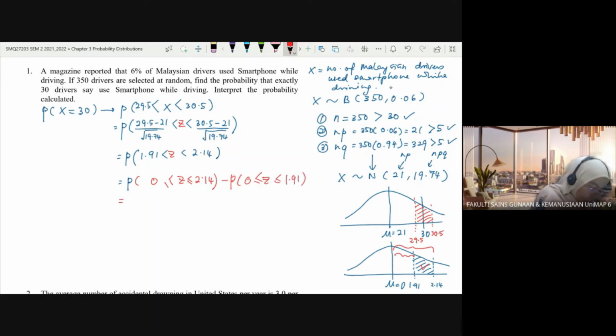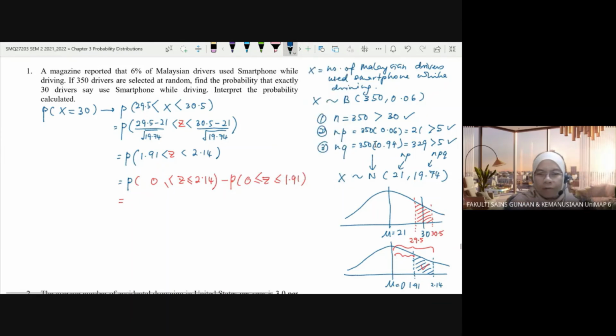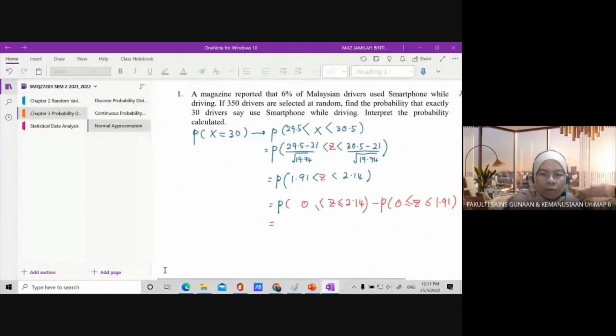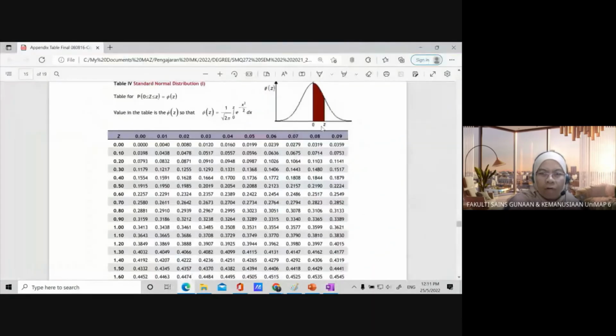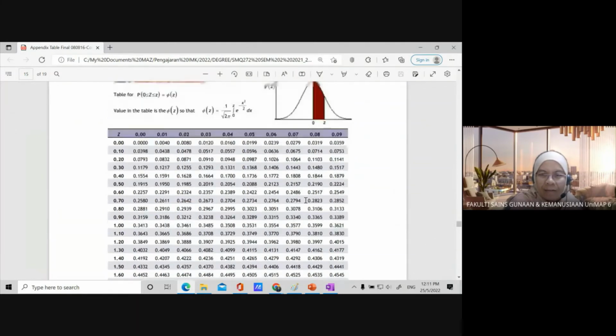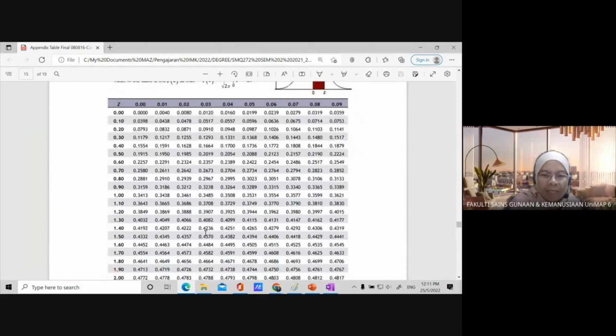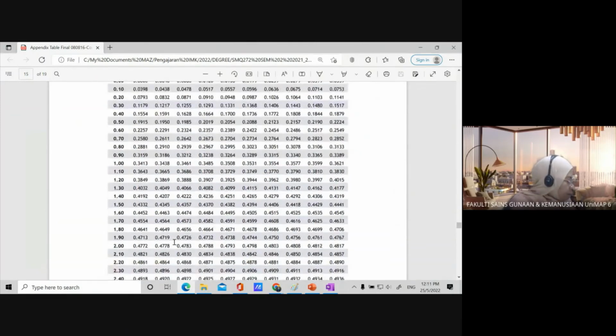So let's refer to our standard normal table, and see what will be the probability value obtained from these particular equations. So the first one we are looking for is from 0 until 2.14. So looking for 2.14. So this is the probability, which is 0.4838, and from 0 until 2.14 minus the probability from 0 until 1.91.